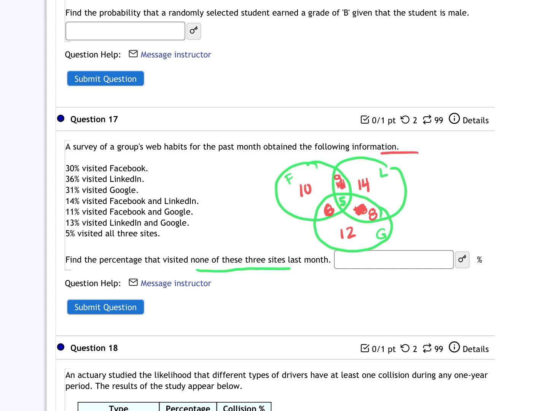Question is, how many went to none of these 3 sites? So I'm going to add these 7 numbers together. I've got 10 plus 9 plus 14 plus 6 plus 5 plus 8 plus 12, and I get 64.